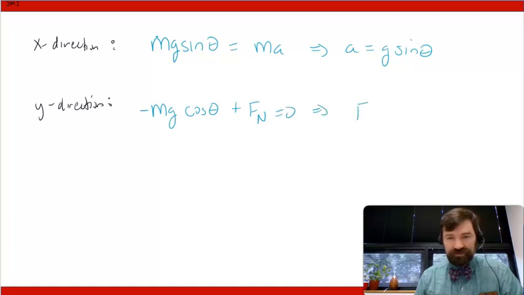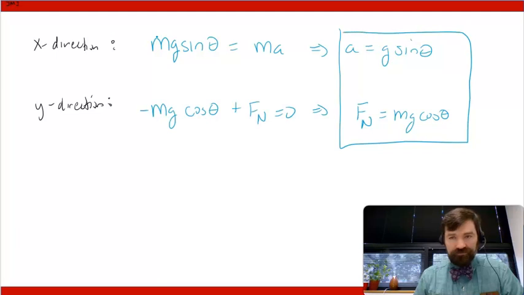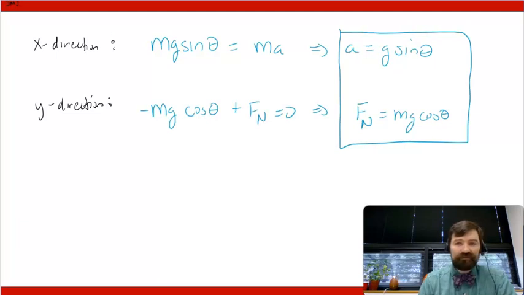And so that implies that the normal force is m times g times cosine theta. Okay, and those are kind of your two base equations for figuring out motion along a ramp. You have the x direction, which gives you the acceleration. You have the y direction, which gives the normal force.